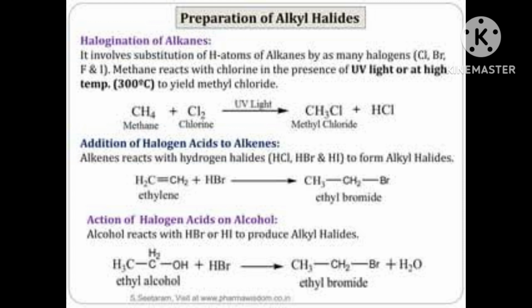NaNO2 is there, which means two oxygens are there. Then how many hydrogens are there in total? NH2 has two hydrogens, plus one hydrogen with HX, so three hydrogens. And Na plus is also there from NaNO2.